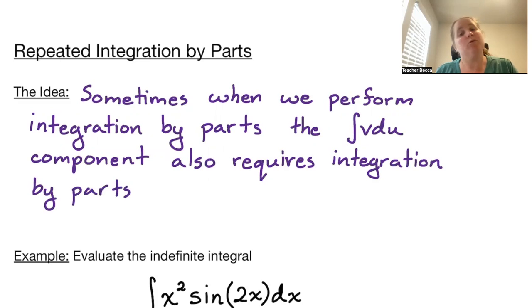And so we have to perform integration by parts multiple times in one problem.